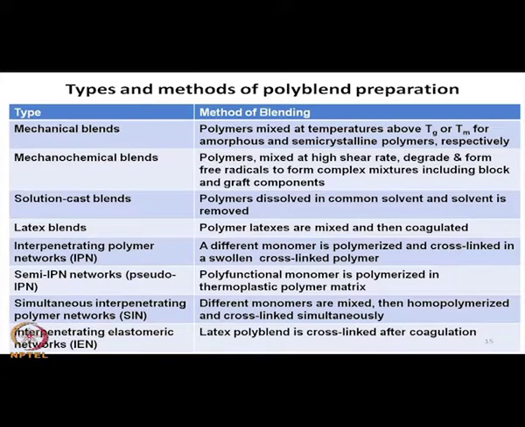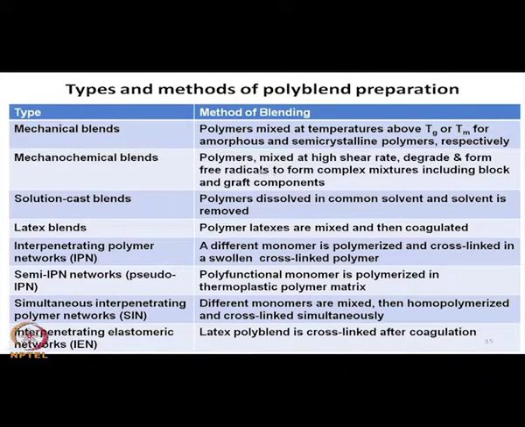The two component polymers are stirred at a very high shear rate, and the polymers degrade during such mechanical shearing, and free radicals generate due to the cleavage or pyrolysis of chemical bonds. Those free radicals form complex mixtures of different ingredients developed or produced from the component polymers, and that can form block or graft components also.